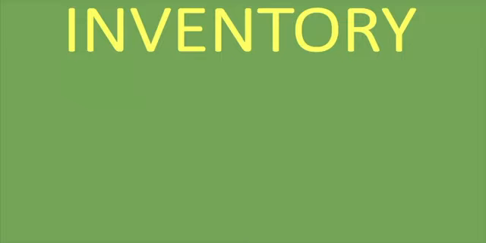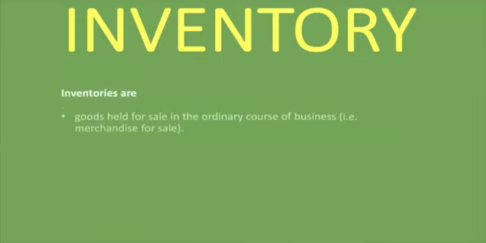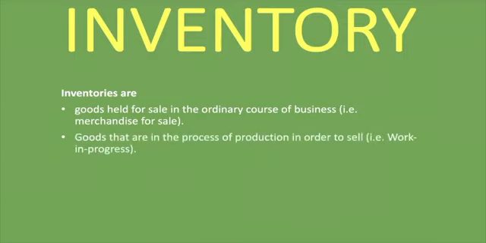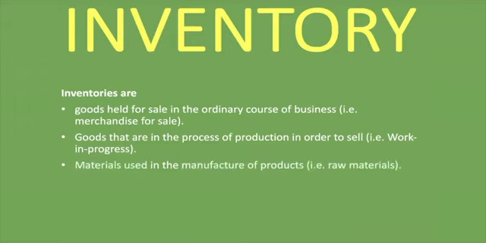So what is inventory? Inventories are goods held for sale in the ordinary course of business, that is, the merchandise for sale or what the business usually sells. It's also goods that are in the process of production in order to sell, and that is what is known as work in progress. So if the goods are in the process of production, we call them inventory as well. It's materials used in the manufacture of products, and these are raw materials.